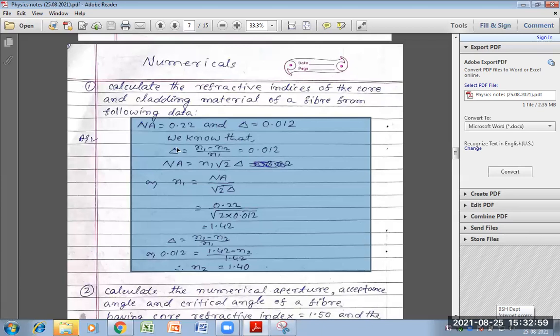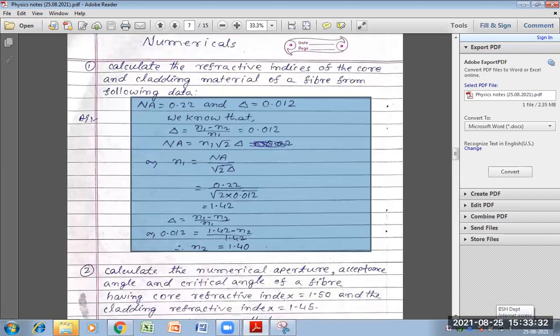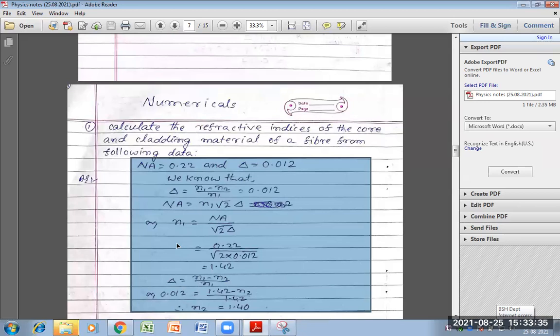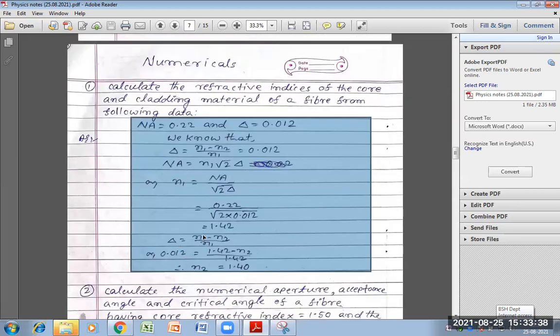So if we take this formula and put the value of delta, delta is equal to n1 minus n2 divided by n1, where the value of n1 means the refractive index of the core.